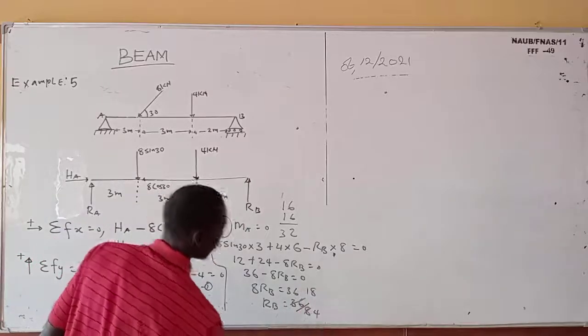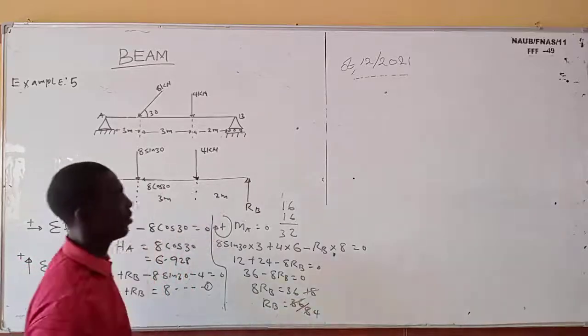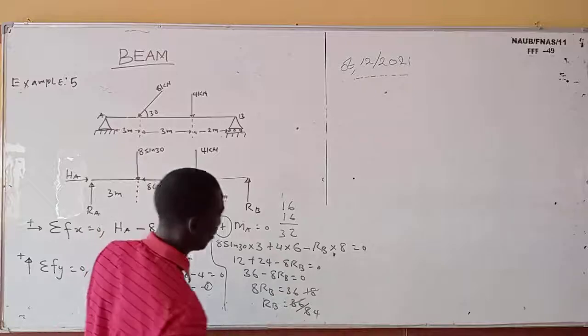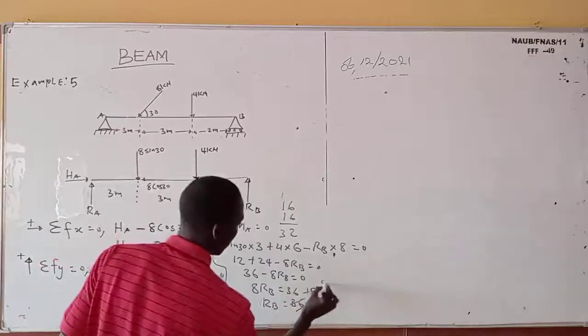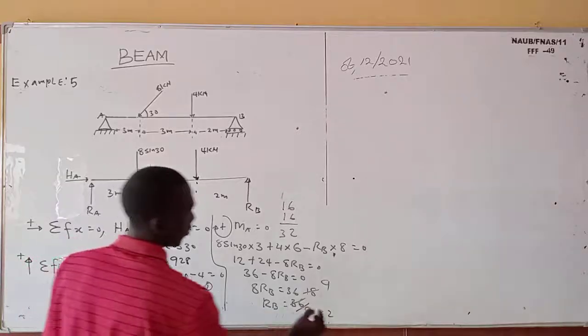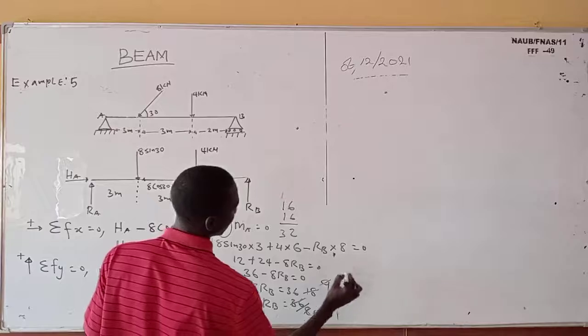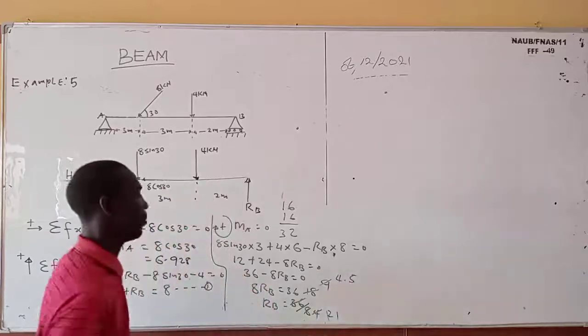So 2 here is 4. 2 times 9 is 18. 2 here is 2. Okay. 2 here 1. 2 here is 4 point, then that is 5. So sorry, that is 4.5.